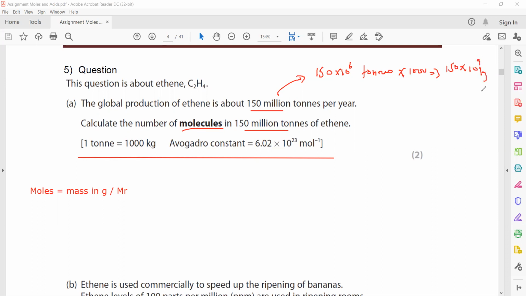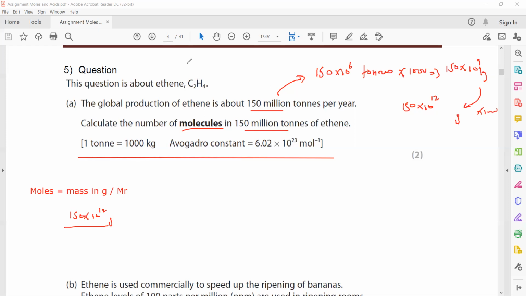This is in kilograms, but we have to convert into grams. To convert kilograms into grams, we again multiply by 1000. So it will come out as 150 into 10 to the power 12 grams, divided by the molar mass of ethene.